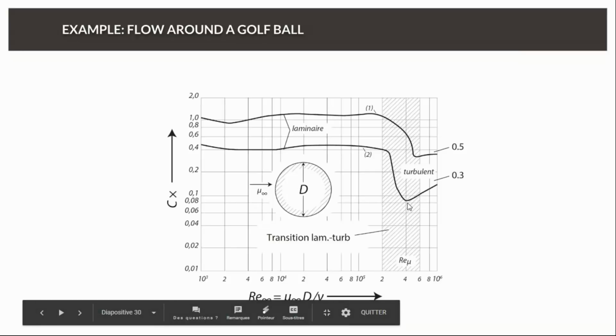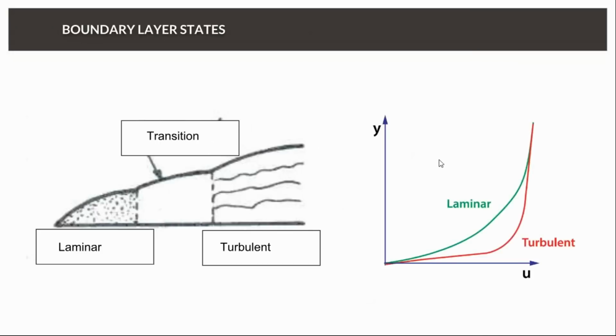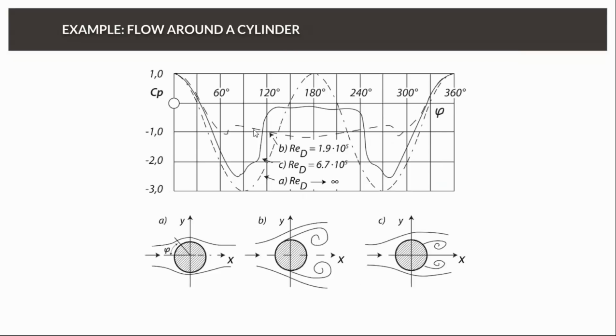Then it goes very low in a transition phase, and then when the flow gets turbulent, at higher Reynolds number, it tends to go slightly up again, but never reaches again the values of the low Reynolds number. Why is this? It is because the drag of a cylinder is mainly coming, like for racing cars, from pressure effects.